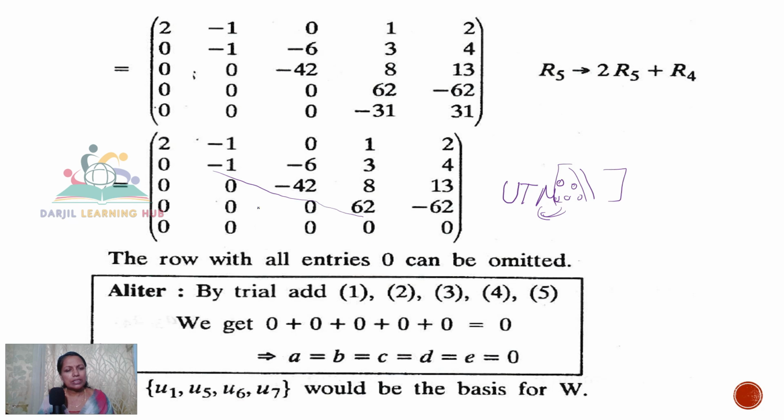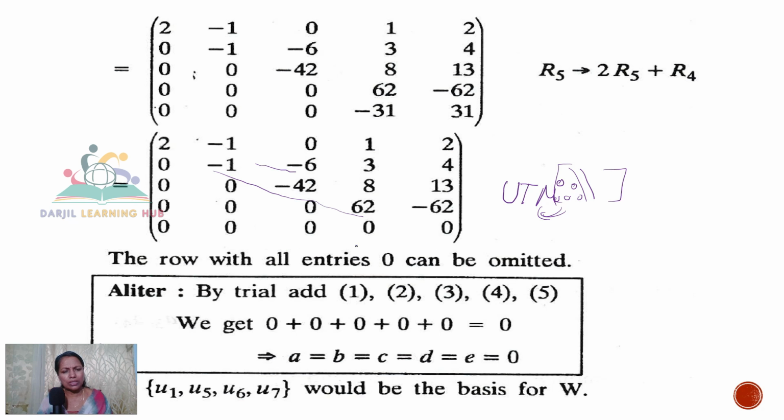Now how do we check whether it is solvable? What about the row with all entries 0? We can omit it here. Remaining it is 4 by 3. So automatically the coefficients are A equal to 0, B equal to 0, C equal to 0, D equal to 0, E equal to 0. All the coefficients are 0 because one whole row is 0.